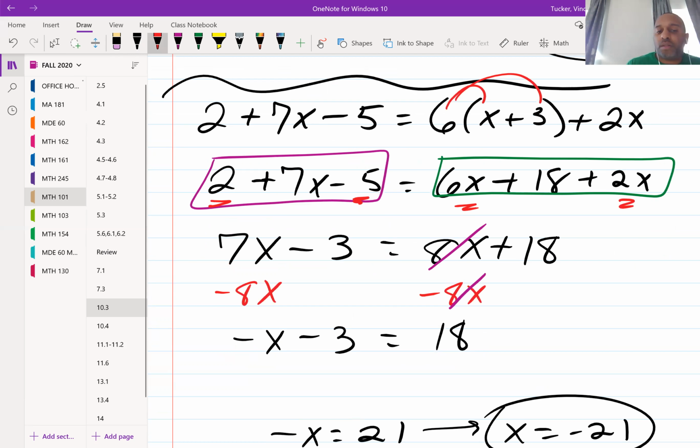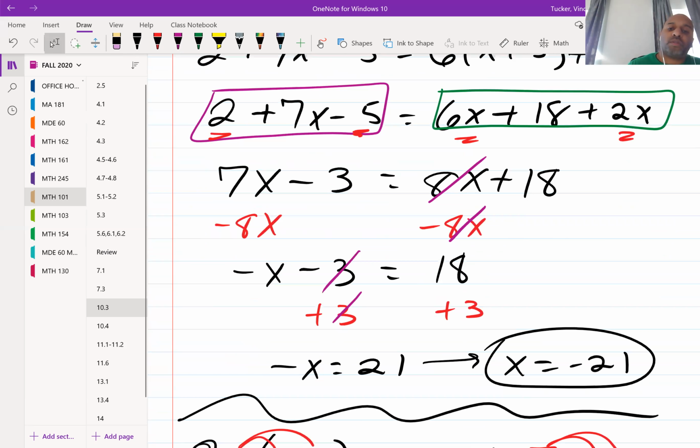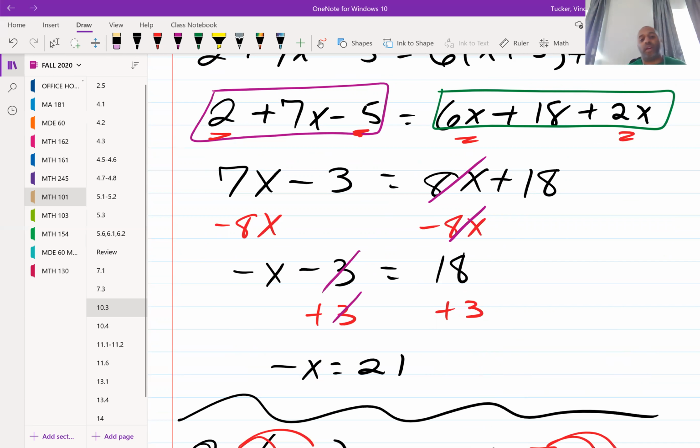Then add 3 to both sides. These 3's cancel. And I'm looking at negative x equal to 21. So before we look to finish it off, any questions?